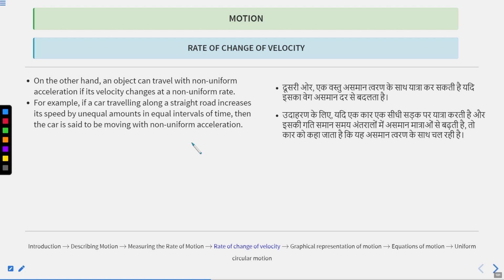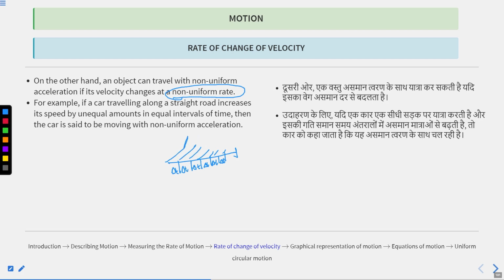On the other hand, an object can travel with non-uniform acceleration if the velocity changes at a non-uniform rate. For example, if a car travels along a straight road and increases its speed by unequal amounts in equal intervals of time, then that acceleration is known as non-uniform acceleration.